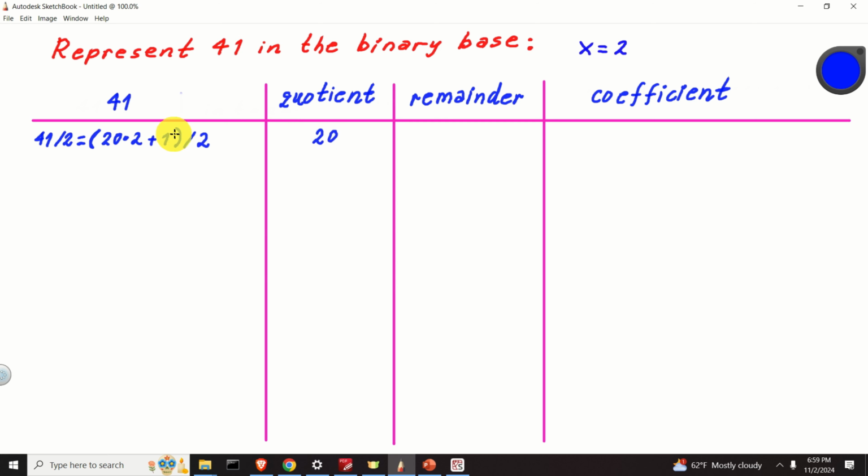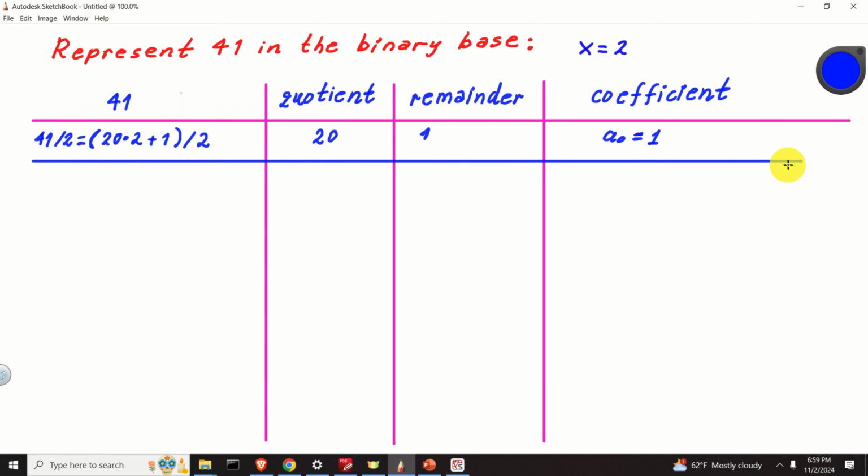The remainder is 1, and the fractional remainder is 1 over 2. From here, we can see that the coefficient is 1, since in the derived procedure, the coefficient is the remainder of the division, and it should be the integer remainder. We also have the fractional remainder, which we don't use. Consequently, over here, we have that a0 is 1. Okay, so this is the first row.